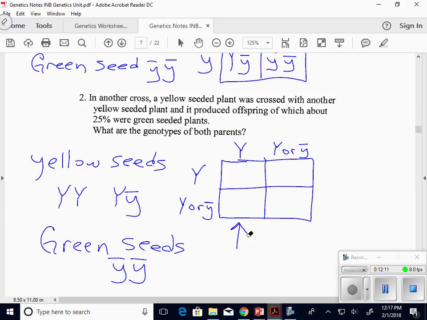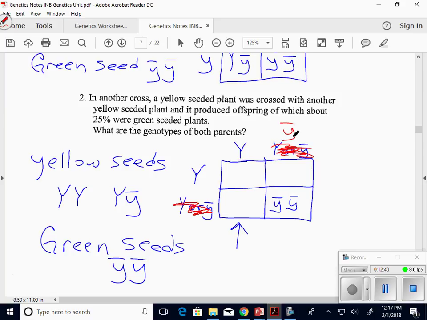My eraser isn't working too good here. Doggone it. Okay? So, my green one has to be right here. And what that means is, my eraser's not working, so I'll just do it in a different color, that this has to be right here, lowercase y.